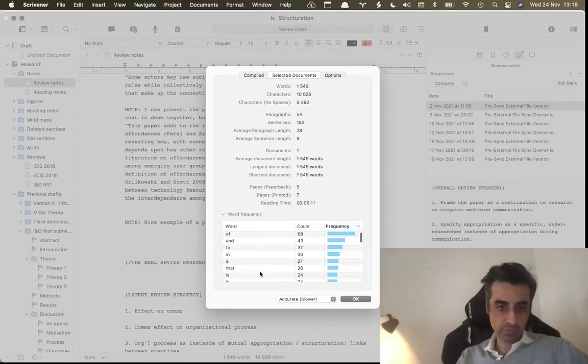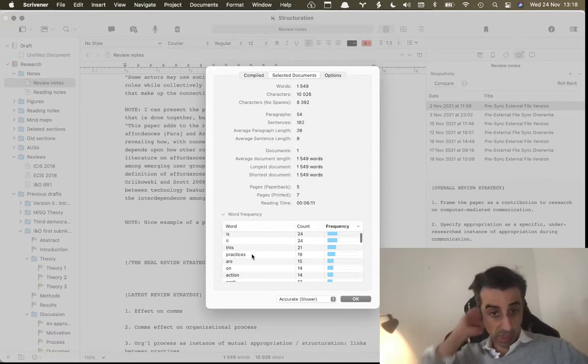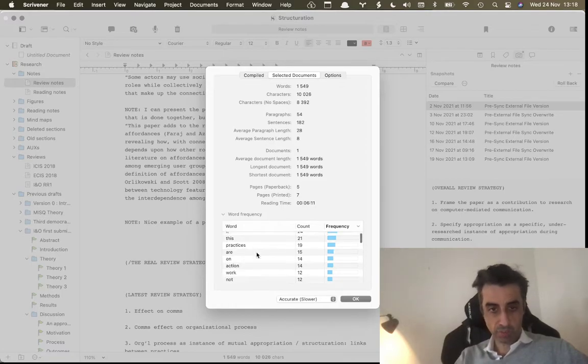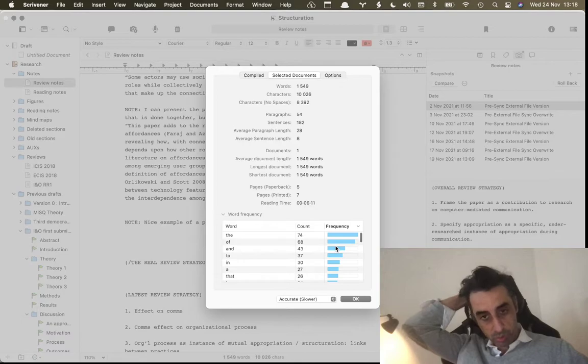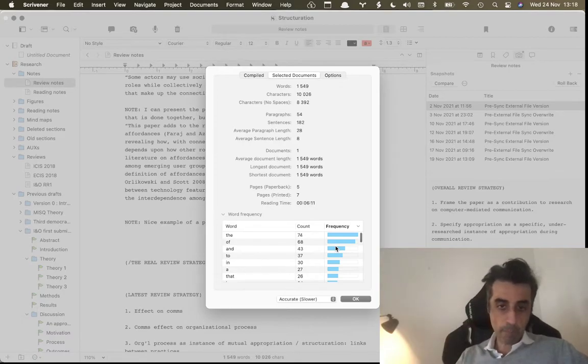Obviously, you have prepositions here, but for example, I'm a practice theorist, so the first word that comes up as very frequent, and this is just one document, is practices, action, work, communication, and so on. So this is useful, sometimes, to look at overused words. It's something neat. So take a look at this if you want a quick grasp on readability.